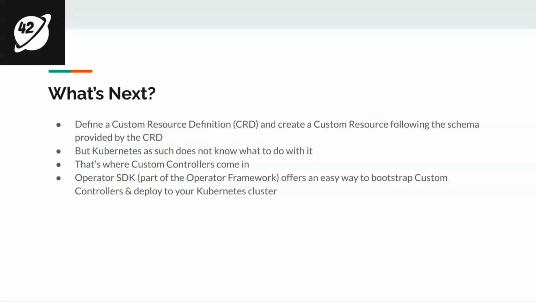And the very last bullet point here, right? The operator SDK. That is a utility that we will actually take a look at, to build out a custom resource and a custom controller. There are a couple of other frameworks also, but we will walk through the operator SDK in this talk.